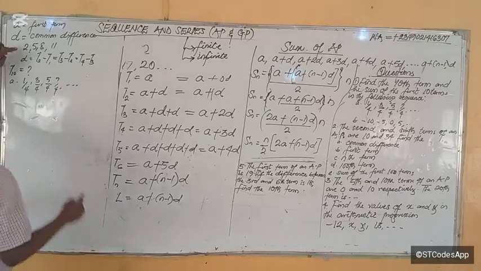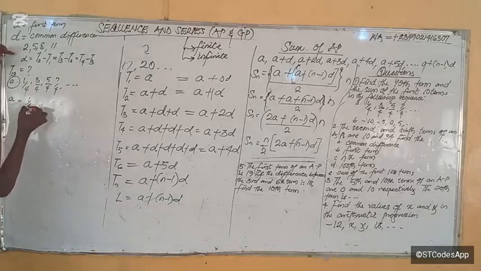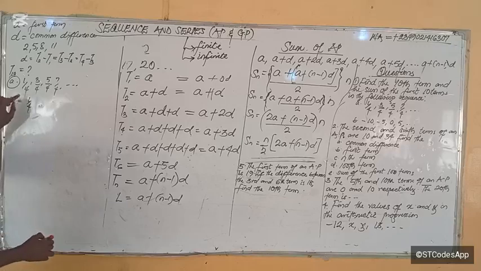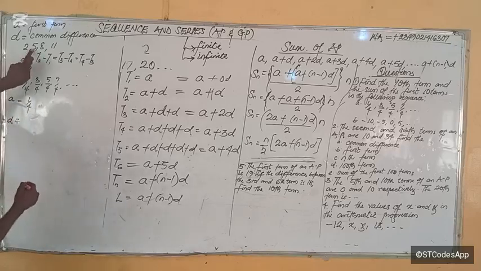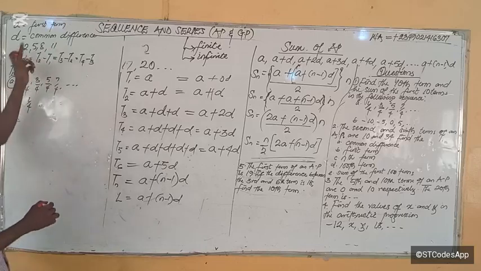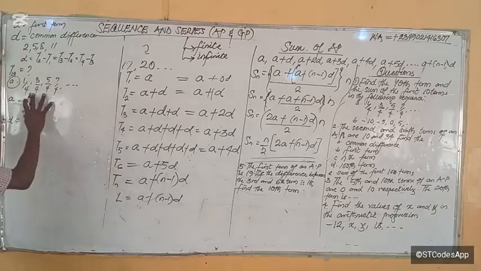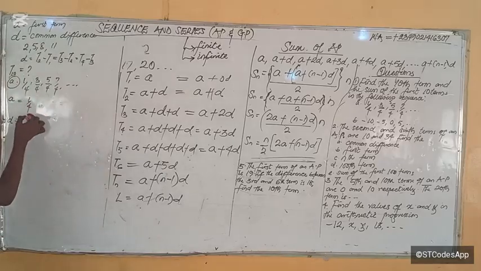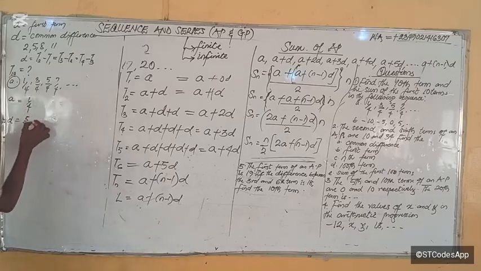Now, the first thing we need here is the first term. What's the first term? It's 1 over 4, the first one you are seeing here. Then what about D, the common difference? Remember I told you to subtract the one in front minus the one at the back. Here we just pick any 2. I like these 2 in the middle because they look fine. So it will be 5 over 4 minus 3 over 4.